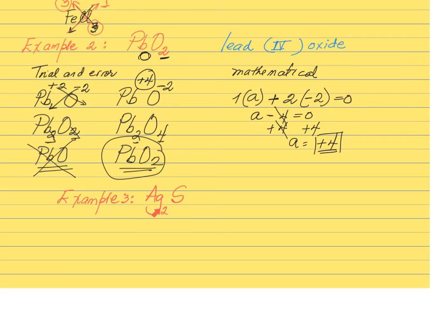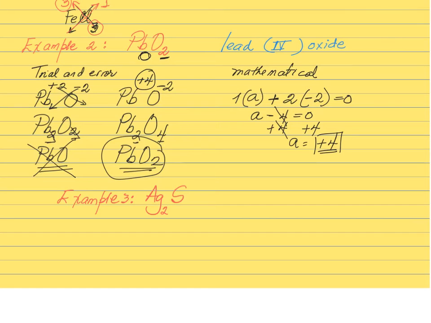I'm going to look at the first symbol. If the first symbol is a metal, right away I can conclude that I'm in front of an ionic compound. Okay, but a silver. When you look on the periodic table, silver is a transition metal located in group 11, in the center of the periodic table.